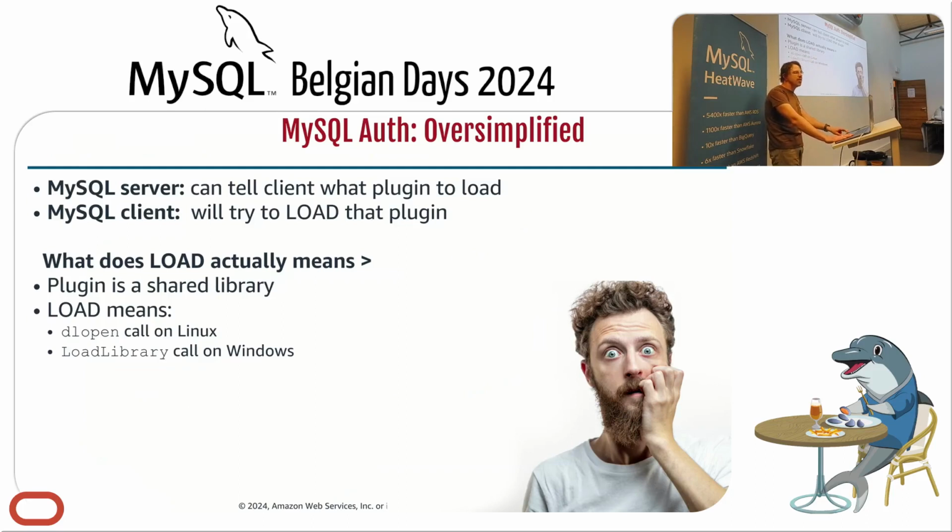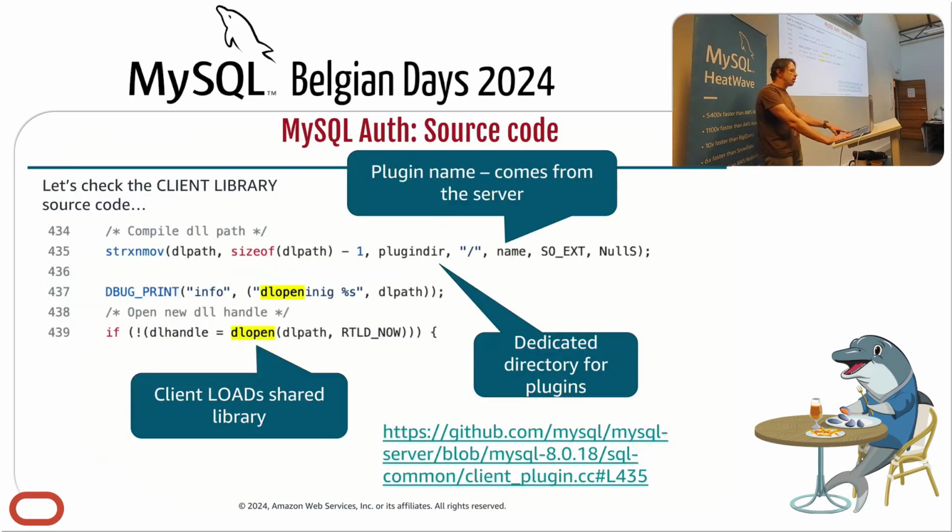And this is me looking at this. Let's take a look at the client library code. We can see dlopen here. But before dlopen, it prepares the dl path string, and there is a plugin name here. The plugin name comes from the server. The plugin dir is a dedicated directory for the plugins, and then the client will do a load shared library.